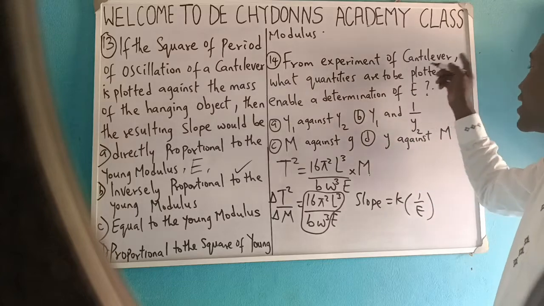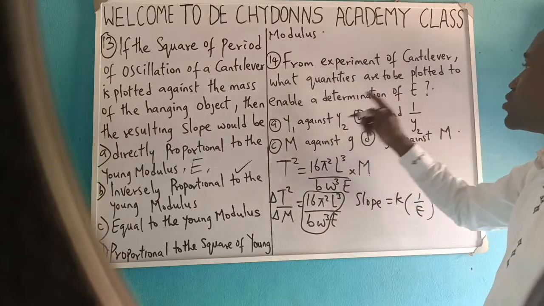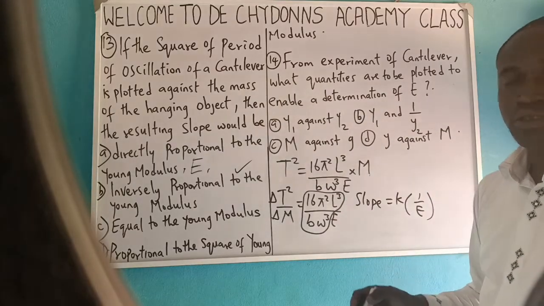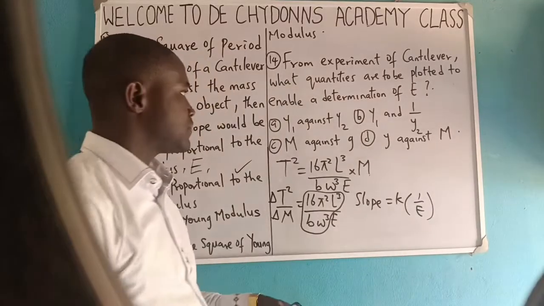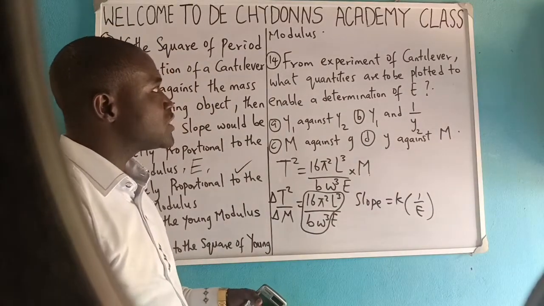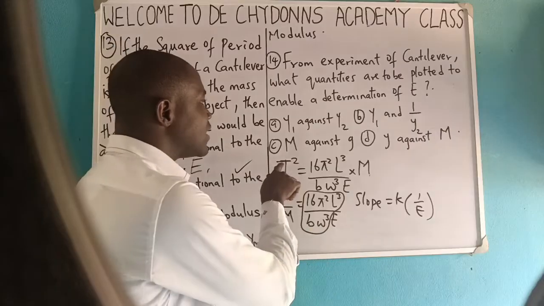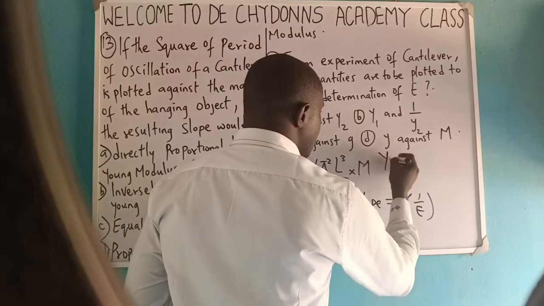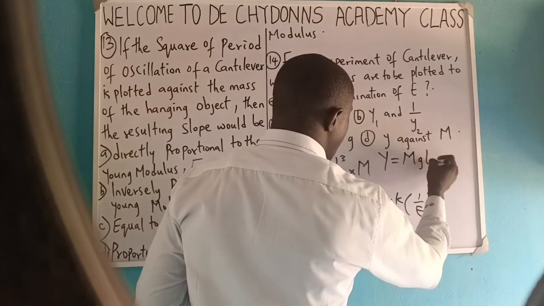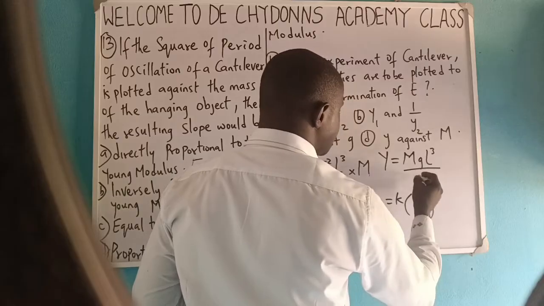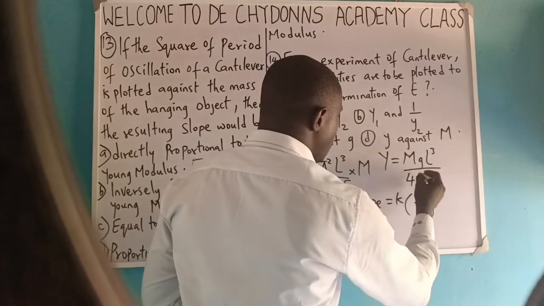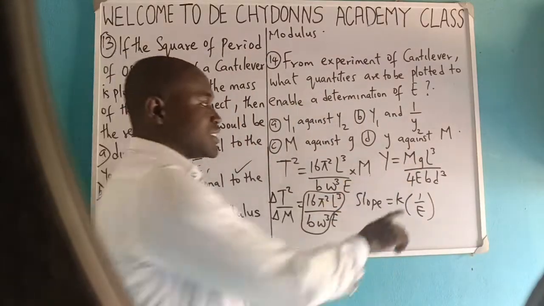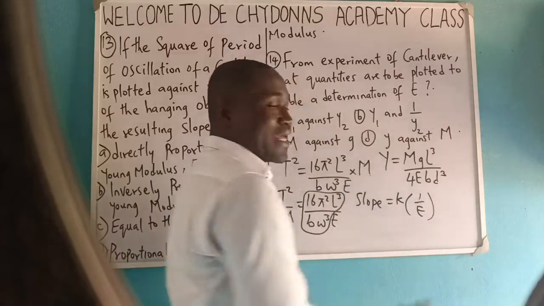From the cantilever experiment, what quantities are to be plotted to enable a determination of the Young modulus? We are given options. To solve this, ask yourself what the relationship is between the depression y and the mass M. Y is equal to M g L cubed all over 4 E b d cubed, where b is the breadth and d is the thickness.